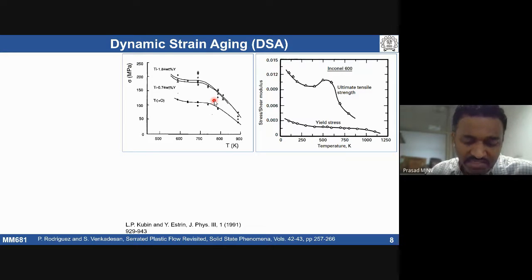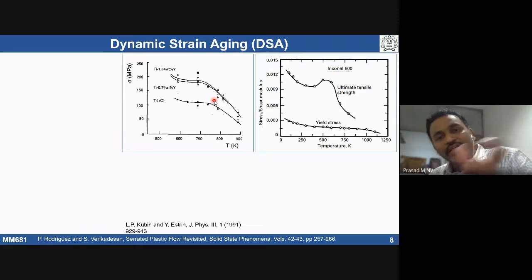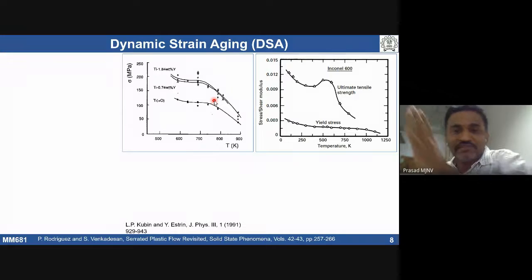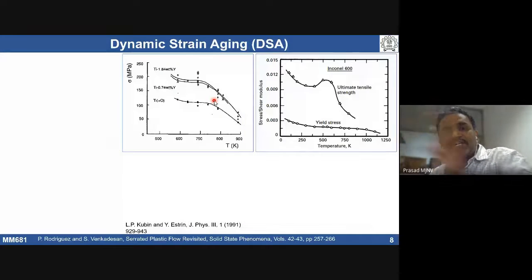The strength of the material increases during warm rolling, when you work at a certain temperature range, 100 to 350 degrees Celsius, depending on the rate of deformation. That temperature can shift to the right with increasing strain rate. It can go from 300 up to around 550 degrees Celsius also.